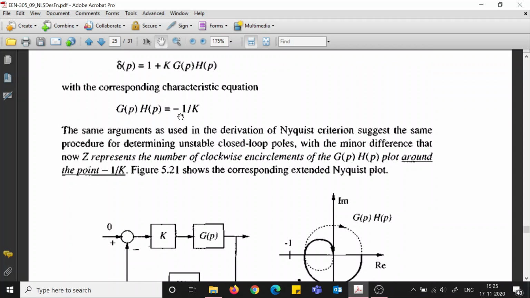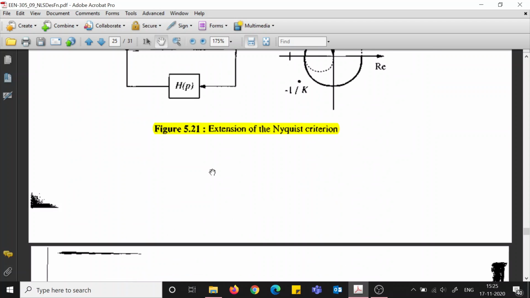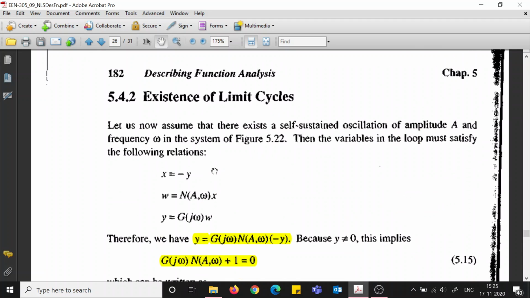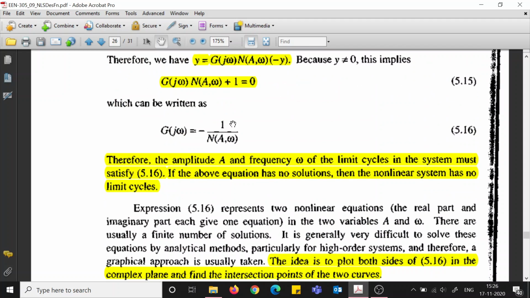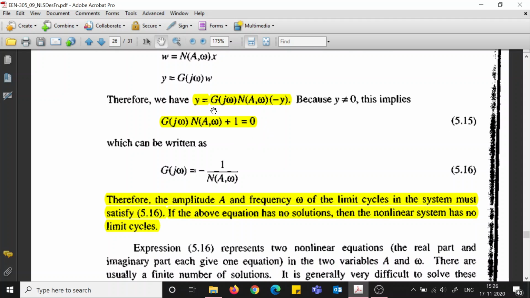So we have to look for encirclements of -1 by K. So if we have a system like this, where you see this is the gain K, instead of K it is N(A, omega), the describing function. Actually the characteristic equation becomes like this, and we have to see the encirclement of G(j omega) of the plot -1 by N(A, omega), not just -1 by K.